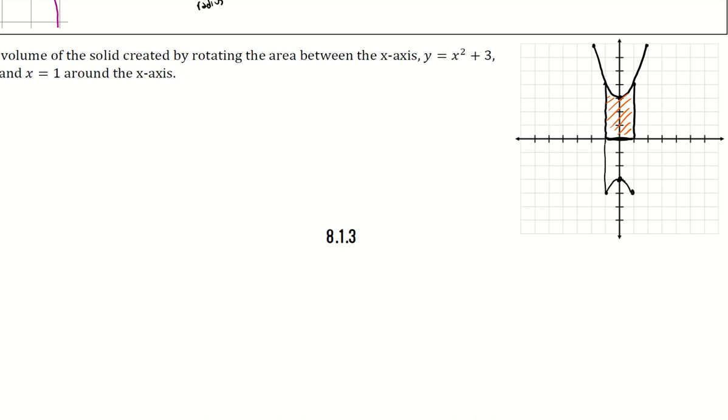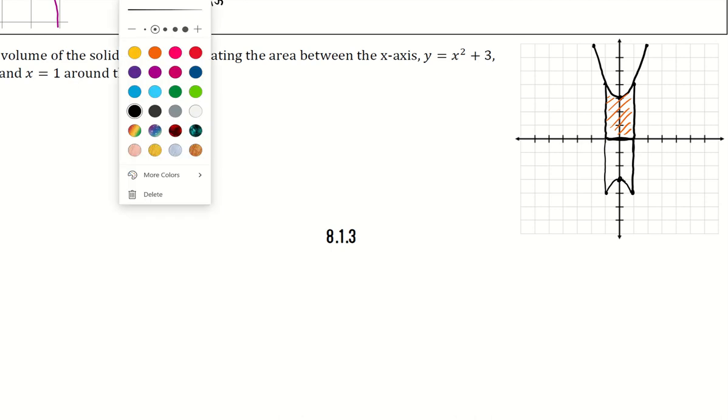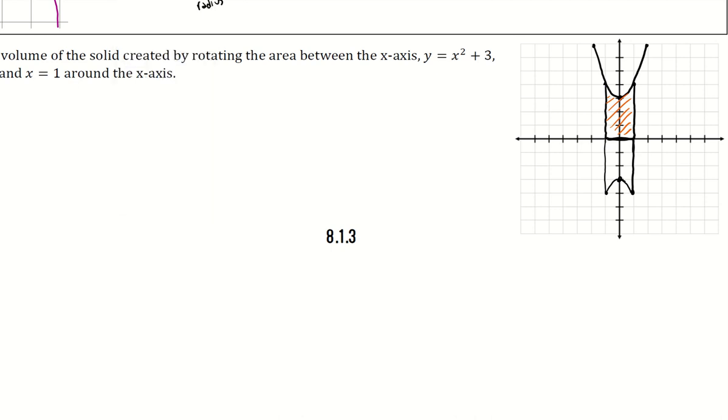It's going to look like this. And if you think about rotating, that means it's going to create some circular figures here. So it's like coming towards me, and then away from me, towards me, and then away from me.